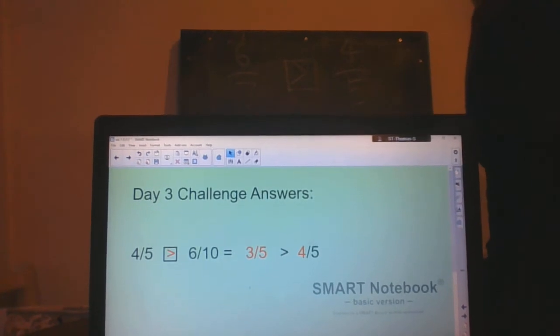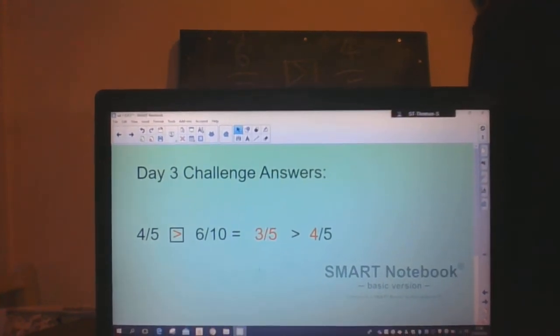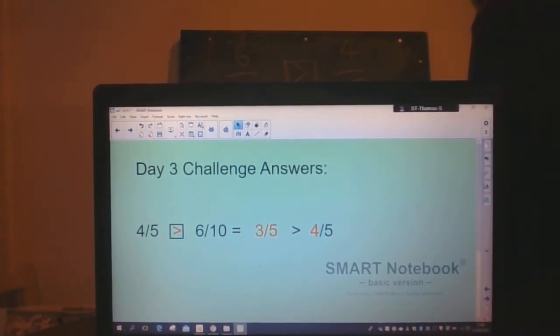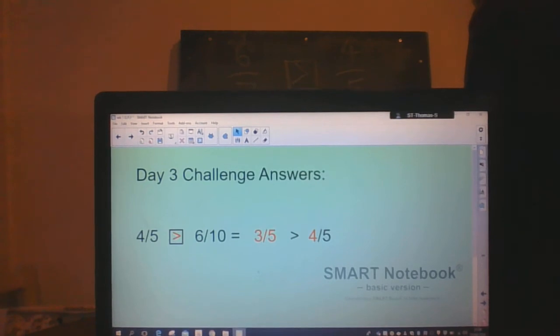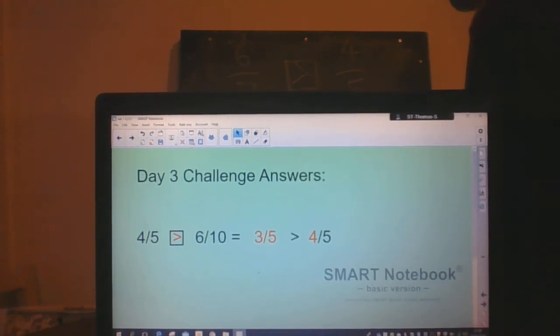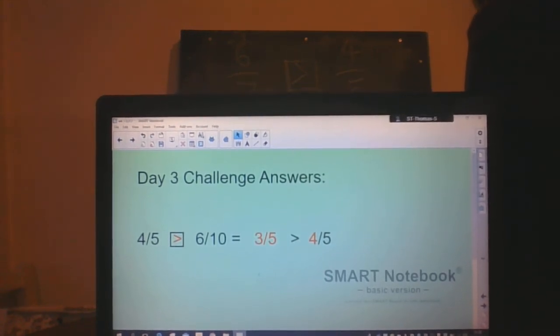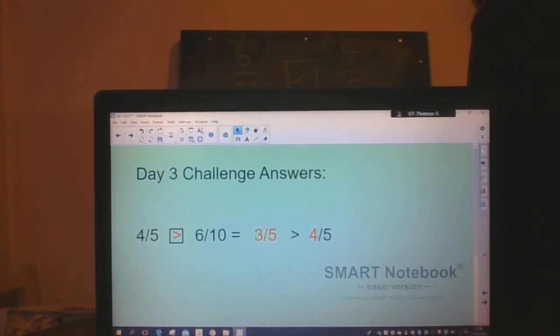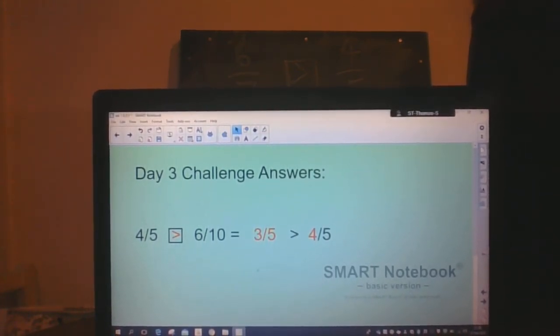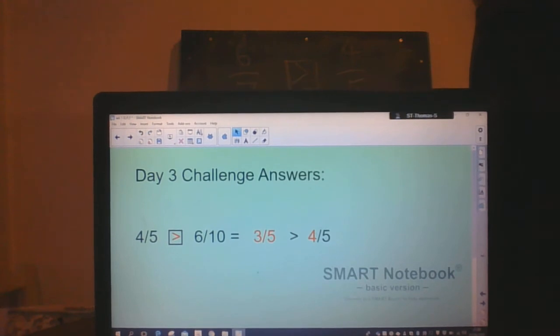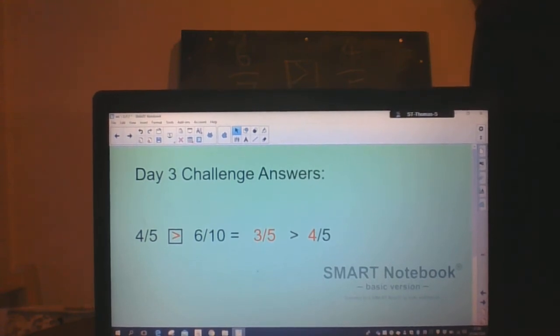So 4/5 is greater than 6/10 because the equivalent fraction for 4/5 would be 8/10. 6/10 is the same as, so you need to come up with another equivalent fraction. You could have had 3/5 or possibly as well 12/20. Then 3/5 is less than, and I've gone for 4/5 there.